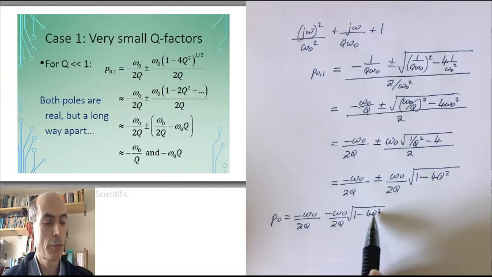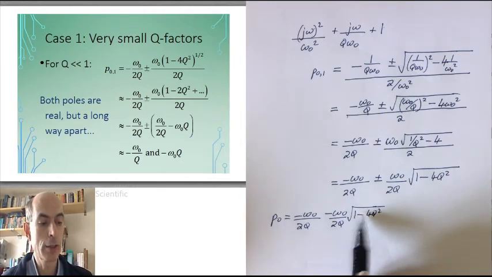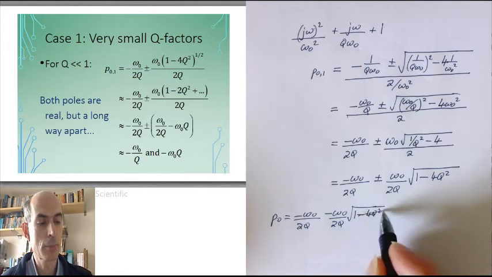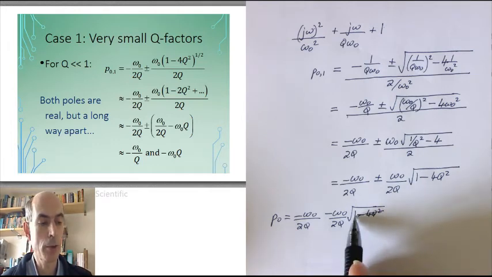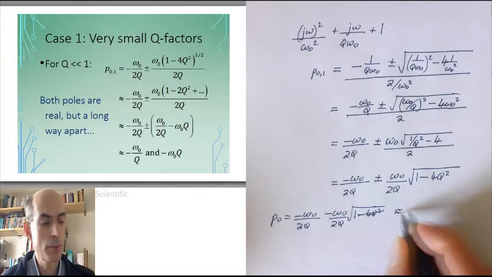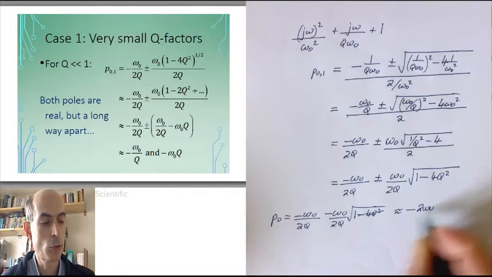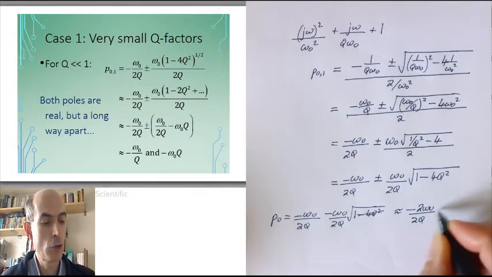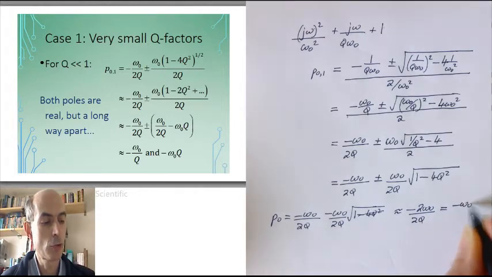But if Q squared is very small, then 4Q squared will be much smaller than 1. I can neglect this term in comparison to the 1, and I would just end up with minus 2 omega naught over 2Q, which is minus omega naught over Q.